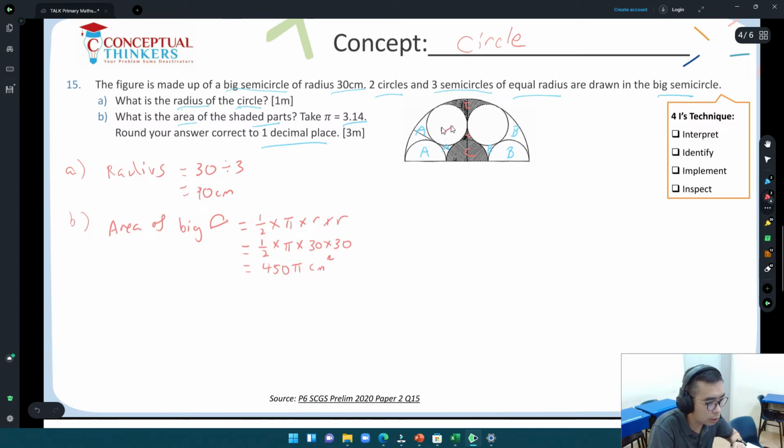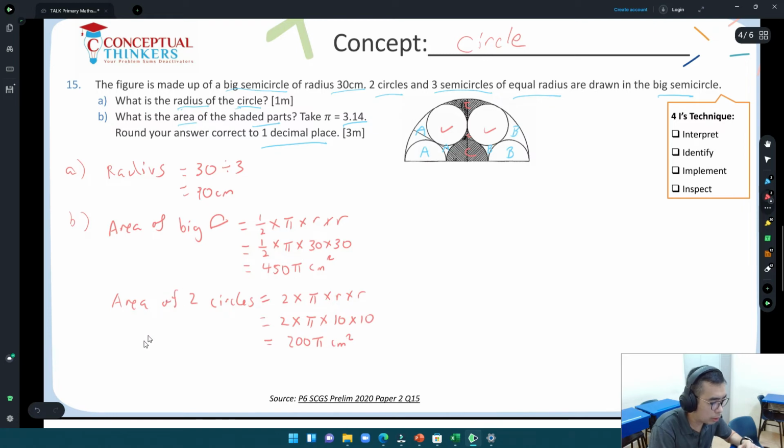Next, I want to find the area of these two circles. The area of two circles will be equal to 2 times pi times radius times radius. In part A, they ask us to find the radius of the circle. This is to help us have an easier calculation for part B, so we need to use what we found in part A. This will give me 200 pi cm square.